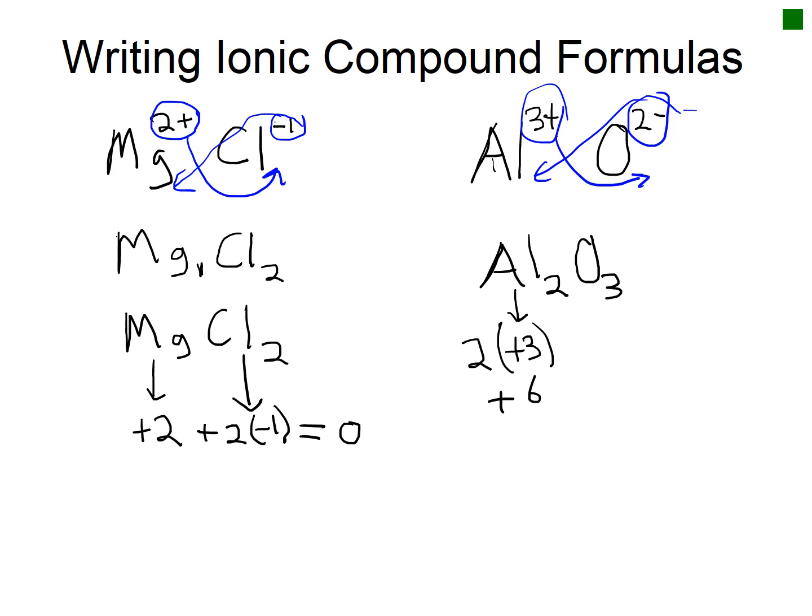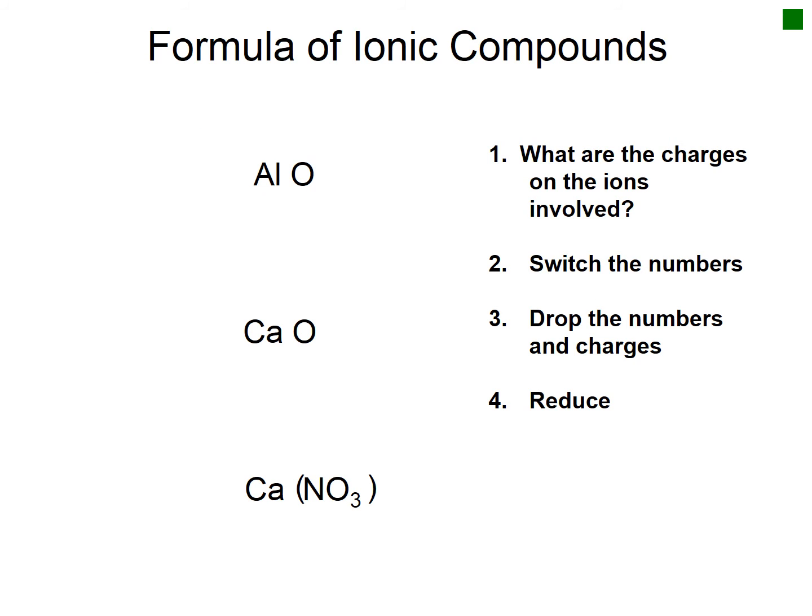And then we have 3 oxygens, and each oxygen is going to be a -2, so 3 times -2 gives you -6. So +6 and -6 ends up coming out to 0. So overall, your ionic compound formulas will always be electrically neutral, or 0.